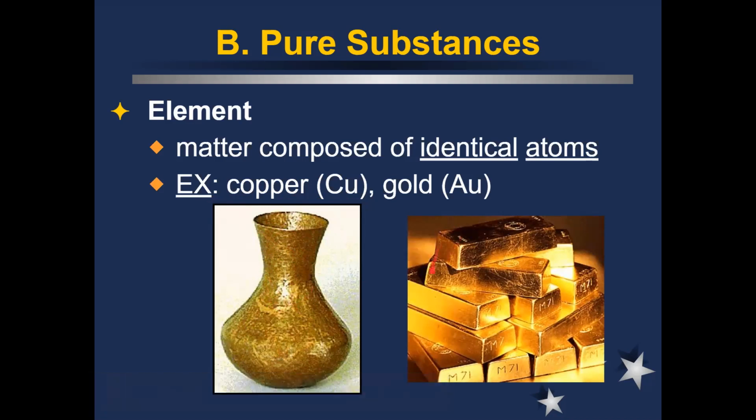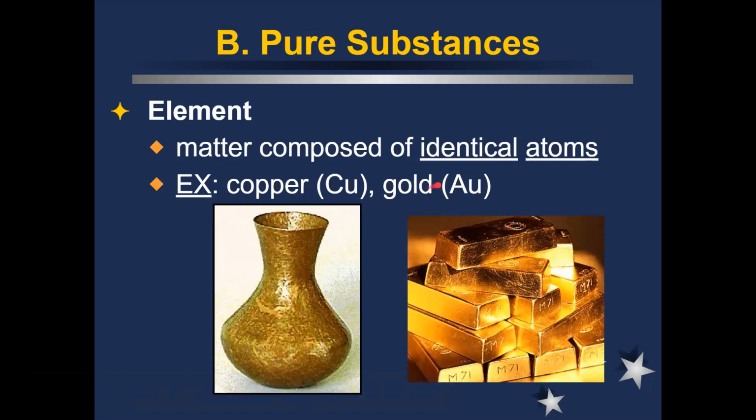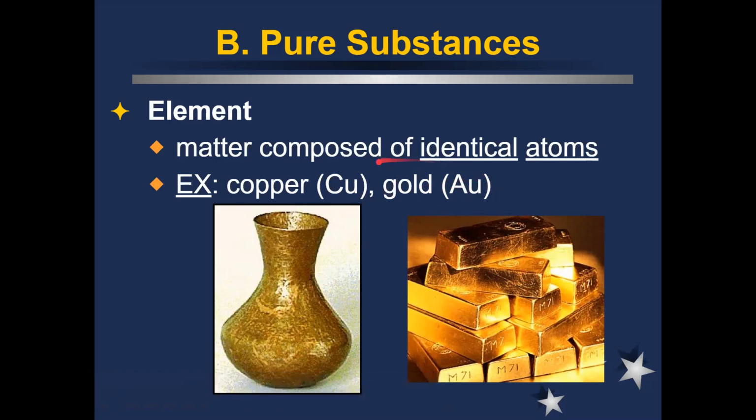Same thing with this gold bar over here. So gold is one of those weird atoms where it has kind of a funny chemical symbol for its name. So the symbol for gold is AU. And in this pure substance of gold, all these bars are made out of 100% pure solid gold. And so there's no other atoms that are mixed in with the gold in here.